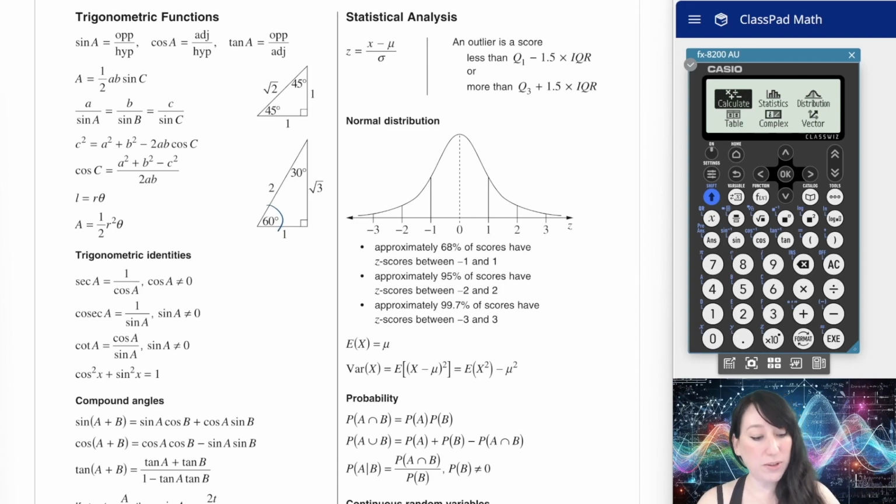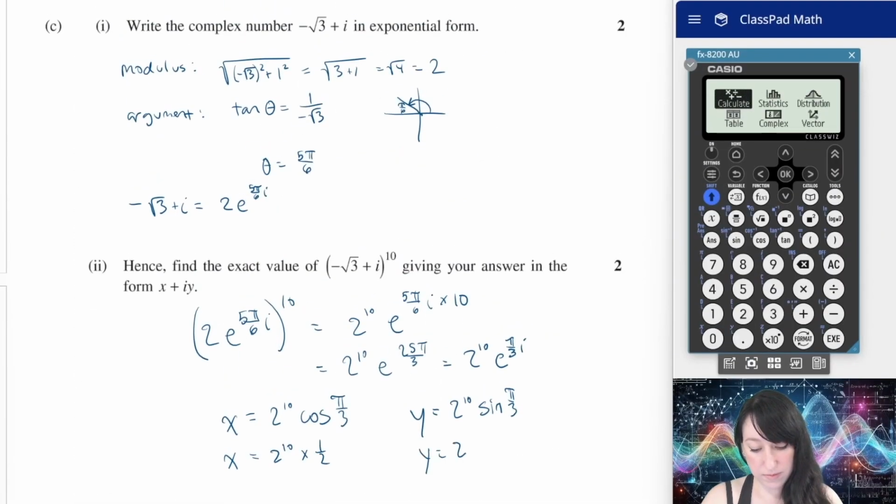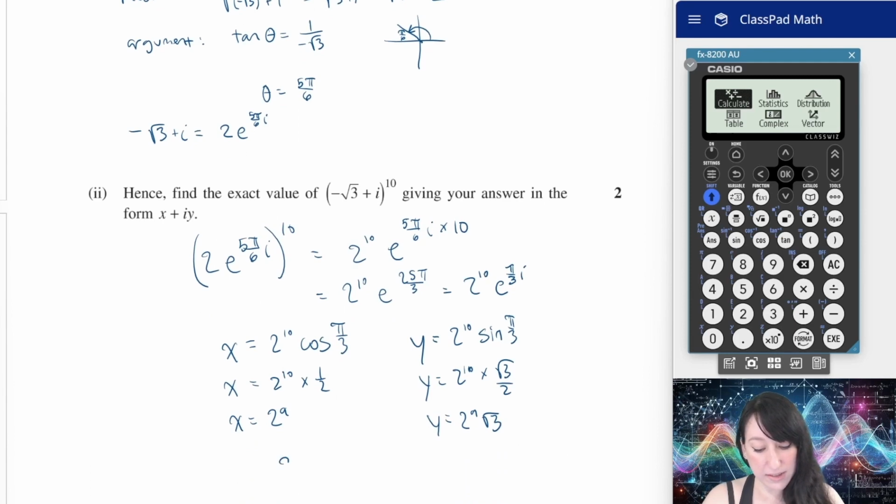Sine is root 3 over 2. So simplifying, x would be 2 to the power of 9, y would be 2 to the power of 9 root 3. So the answer is 2 to the power of 9 plus i times 2 to the power of 9 root 3.